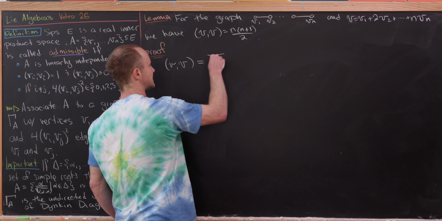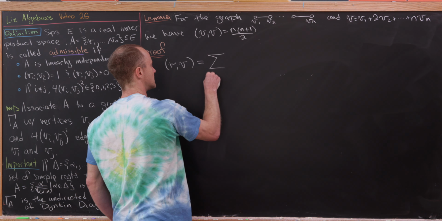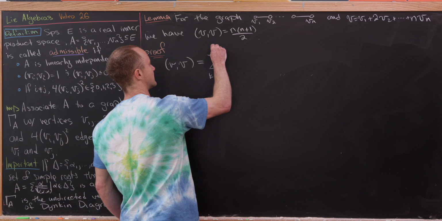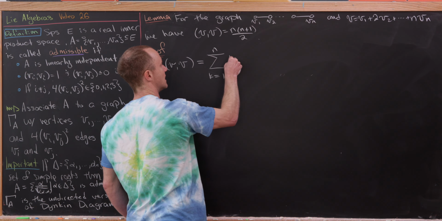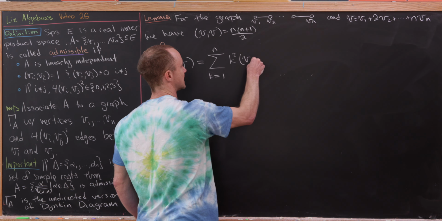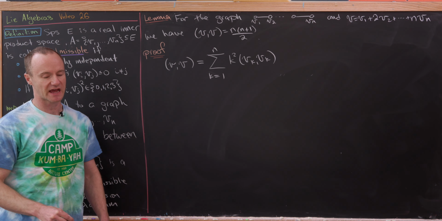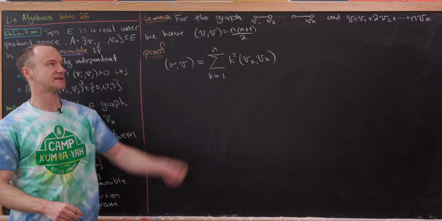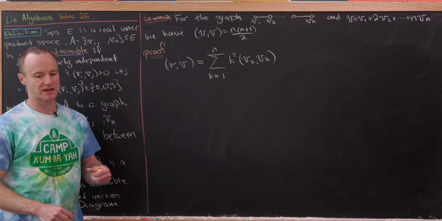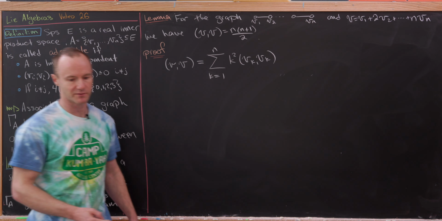So we can do the same kind of thing that we did before. Let's split this up as the sum as k goes from 1 to n of k squared times the inner product of vk with vk. Observe that we've got this coefficient of k squared in this case, just based off of our definition of v, which slightly differs from what we had before.